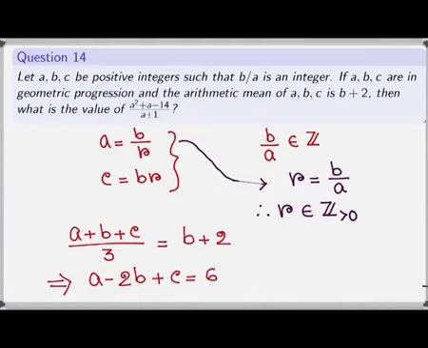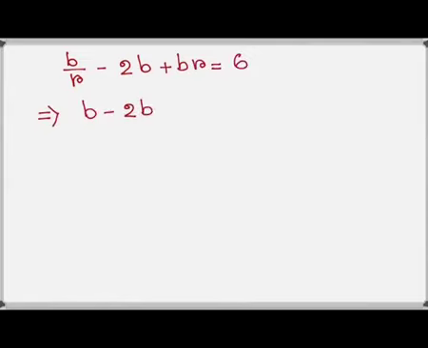We substitute A is equal to B by R and C is equal to BR in this equation. We then get B by R minus 2B plus BR is equal to 6. That is B minus 2BR plus BR square is equal to 6R.